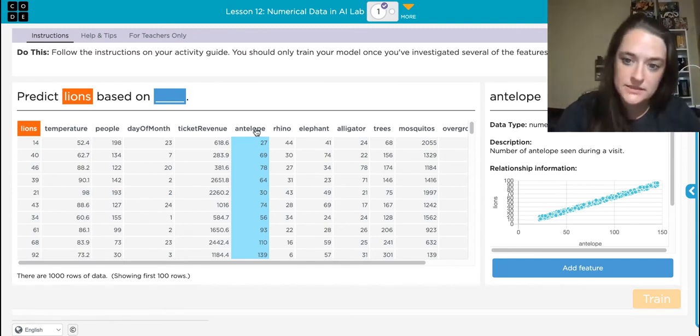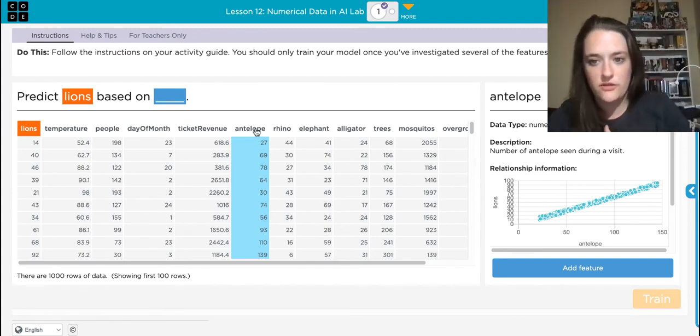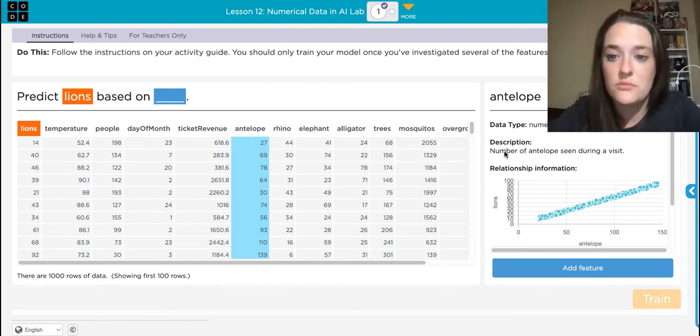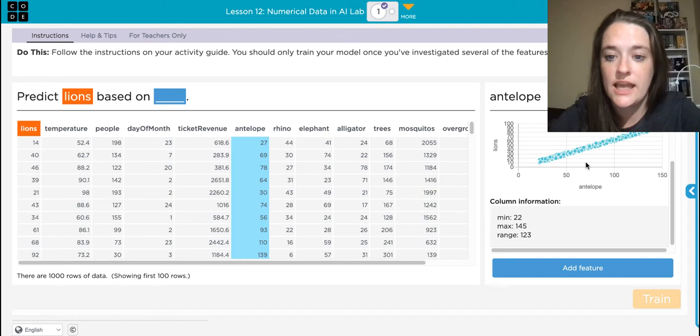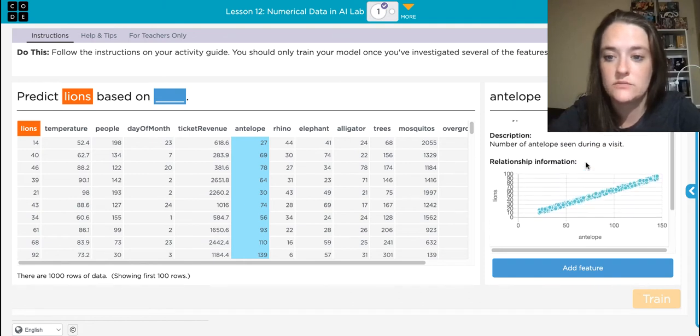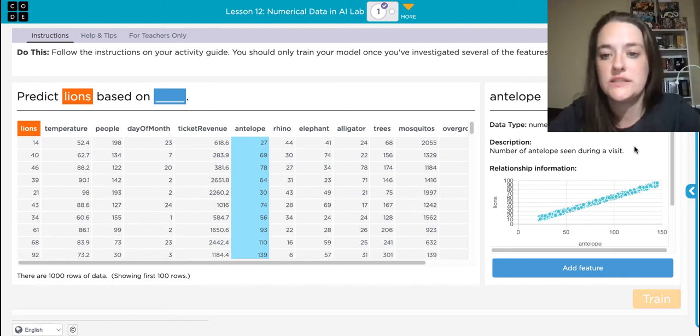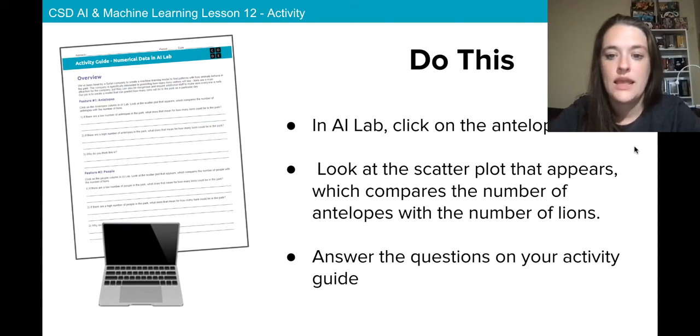We have the lions on the left, antelope on the right. This is the number of antelopes seen during a visit. You get all of those numbers, and the data type is numerical. Answer the questions on your activity guide.